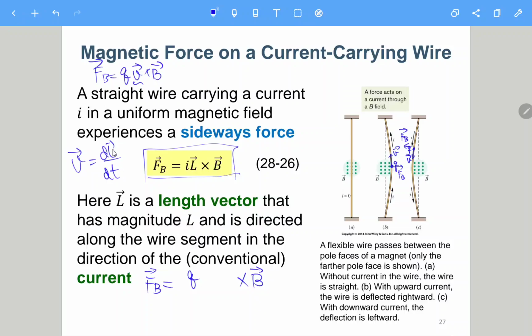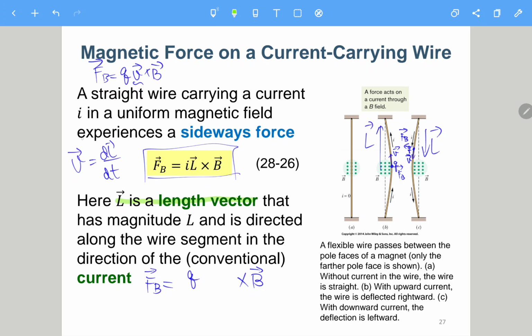This is just like the displacement, like the length of the wire, and we denote it as a vector. If I is pointing upward, then we consider L pointing upward, and the magnitude is just the length of the wire. For this case, L is pointing downward, following the direction of the current. It also mentions that L is a length vector that has magnitude L and is directed along the wire segment in the direction of the current.